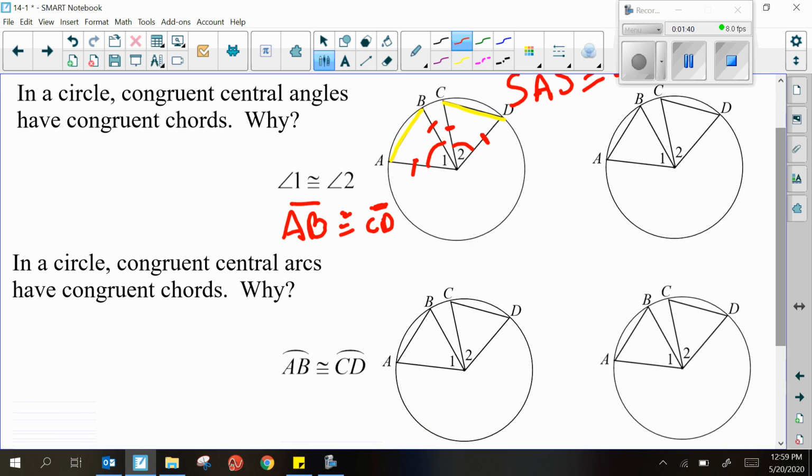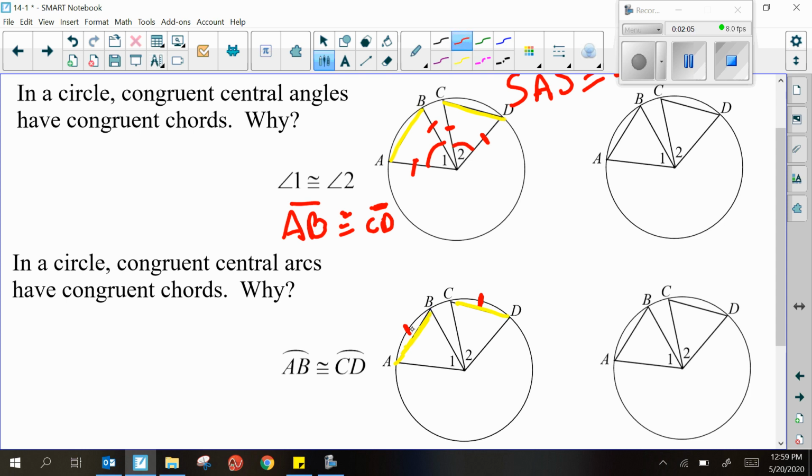All right, in a circle, congruent central arcs have congruent chords. So now we're saying that if I know that arc AB is congruent to arc CD, we want to prove that we have the chords congruent as well. This is almost the same thing as above.